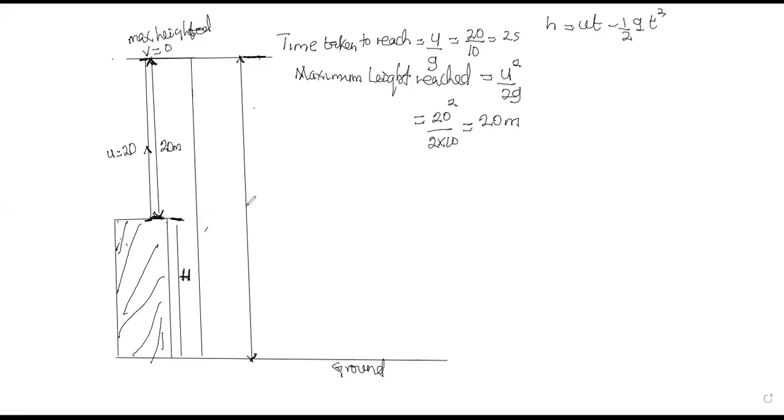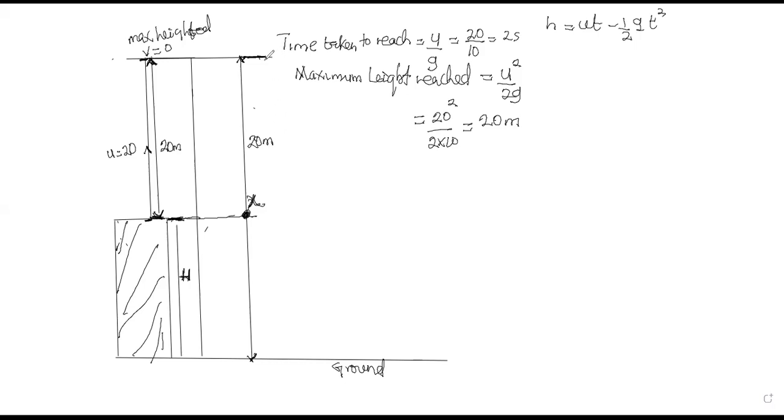So this distance is what I'm calculating for. Let's assume this distance is x. So I must get x. This maximum height distance here is also at the same level as what we have here. So if this is 20 meters, then from the maximum height to this point is also 20.